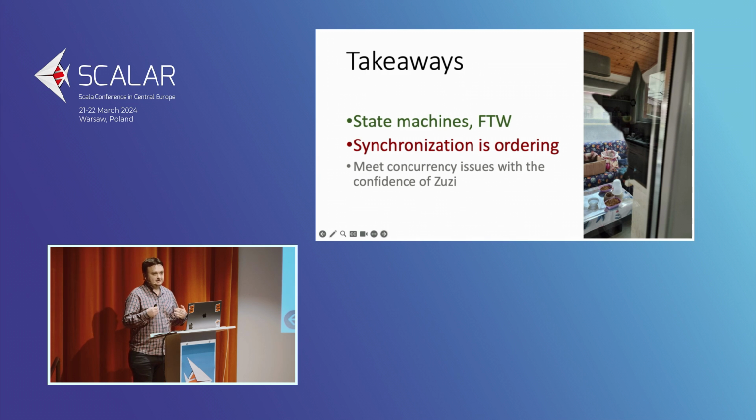I felt pain when working with Java because finding a good library for immutable data structures in Java is challenging. And synchronization is ordering, which is an alternative mental model you can have when thinking about concurrency, instead of the classic way of thinking of this operation as atomic.